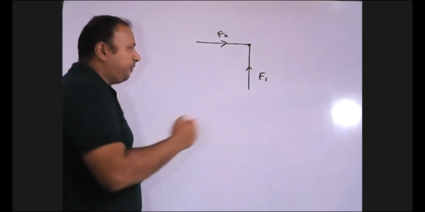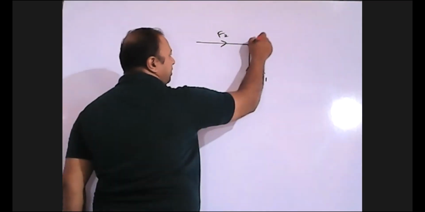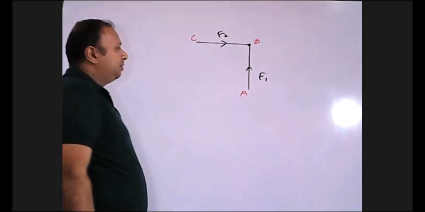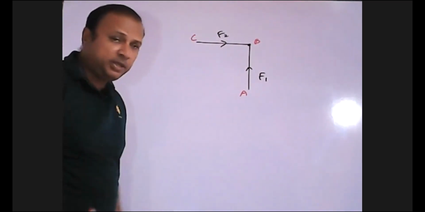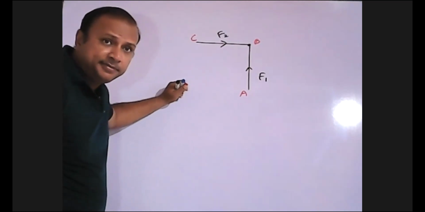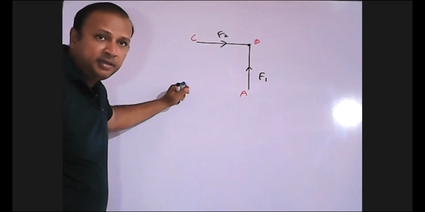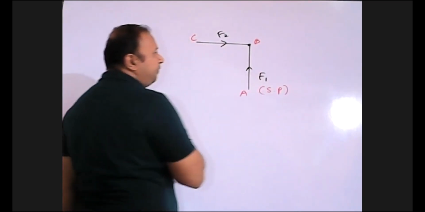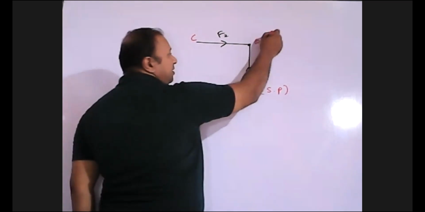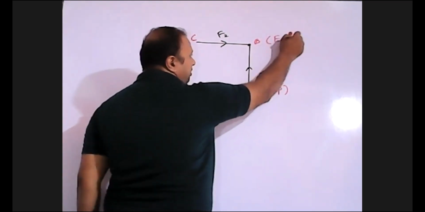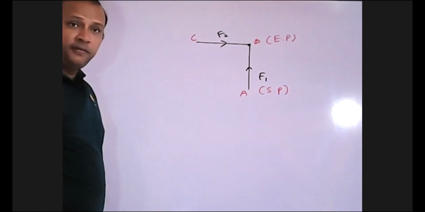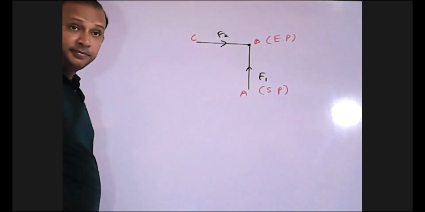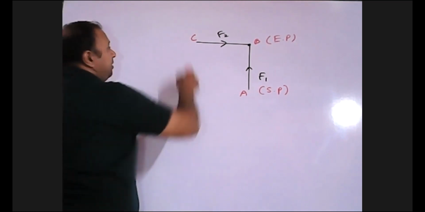The starting point of F1 is A. The end point of F1 is this one. And this is the starting point of F2.